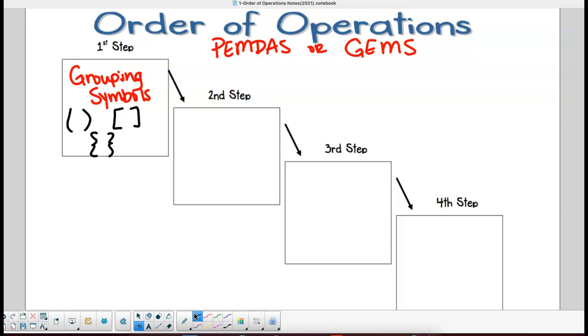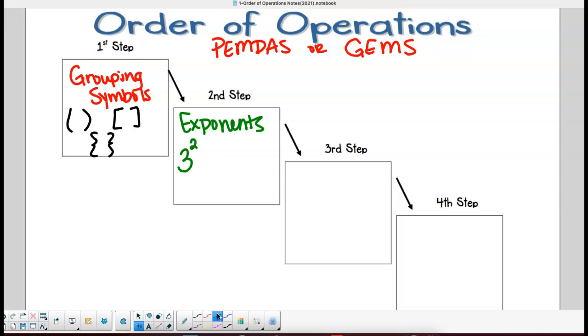What does the E stand for? Zoe? Exponents. So exponents come next. What's an exponent? Anybody remember? Zoe? If you have a number, then there's a smaller number next to it. So 8 with the little 2 is 8 to the second power, so 8 times 8. Or 3 to the second power.